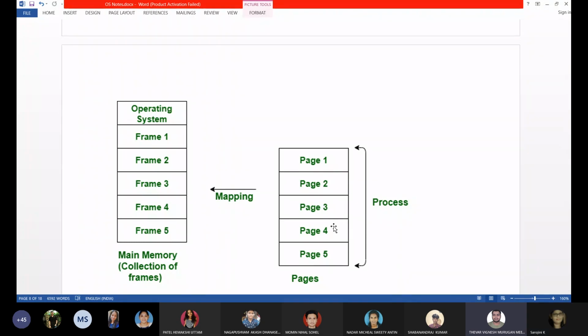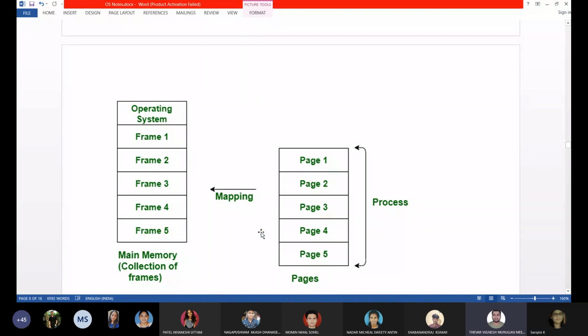What is this? This is secondary memory, where the pages are. That is called secondary memory. Here we have to call the secondary memory virtual memory. So virtual memory, the secondary memory, is split into fixed size partitions called pages.